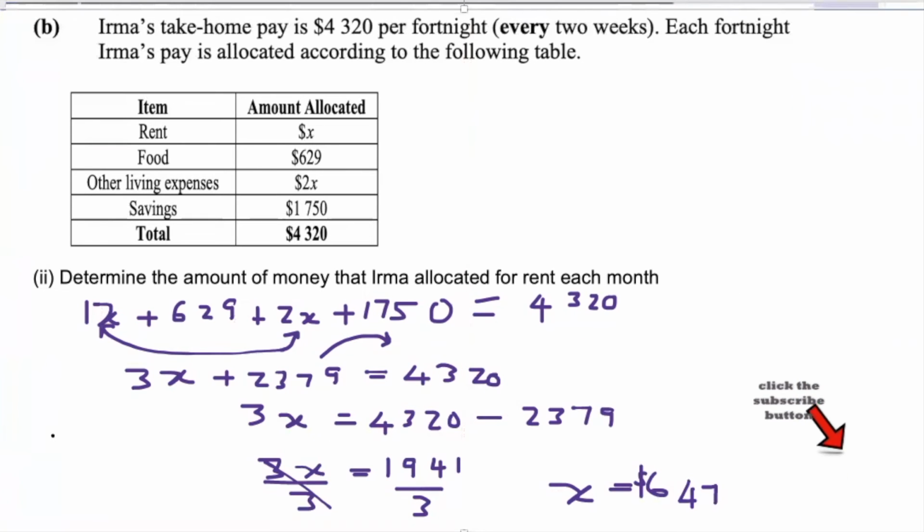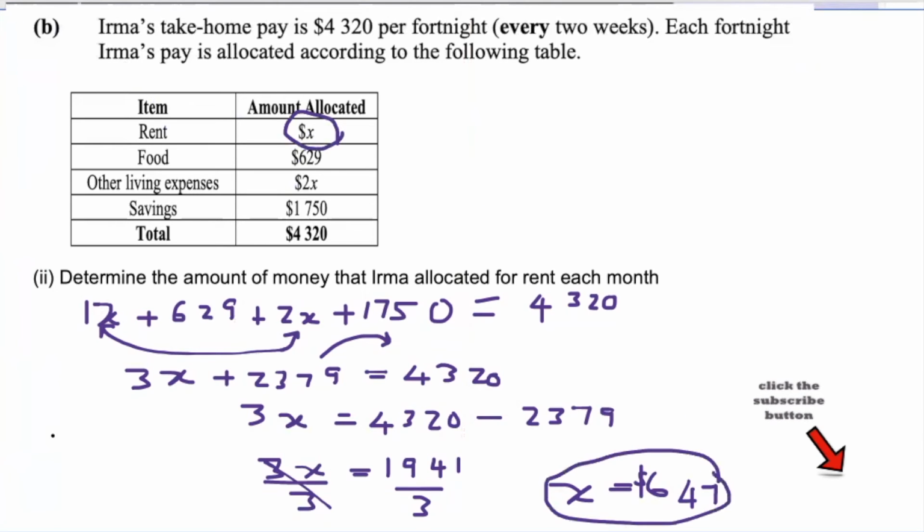So remember, she put aside X amount for rent. So every 2 weeks, this is the amount she put. So every 2 weeks, she put down $647. But for 1 month, they asked for how much she would pay for a month. So a month has 4 weeks.